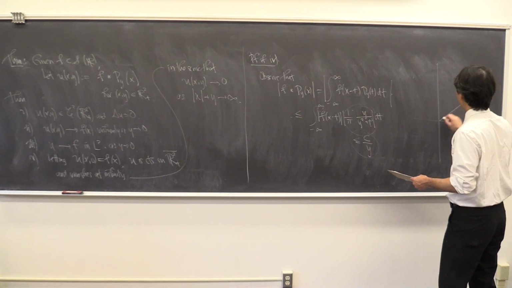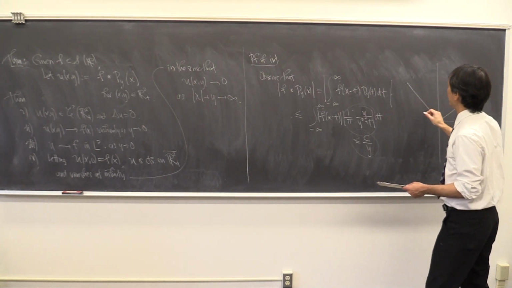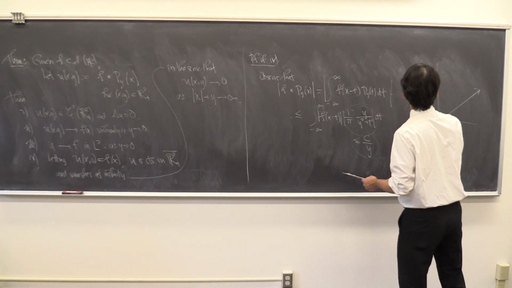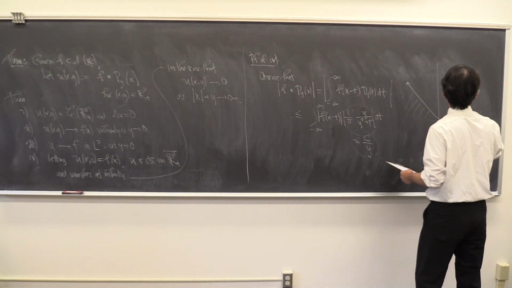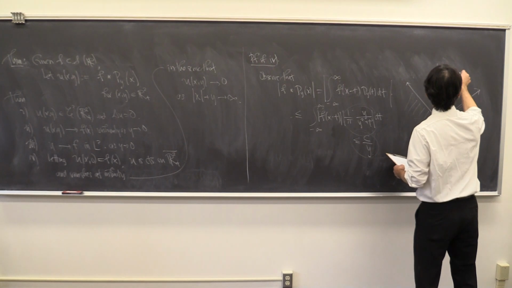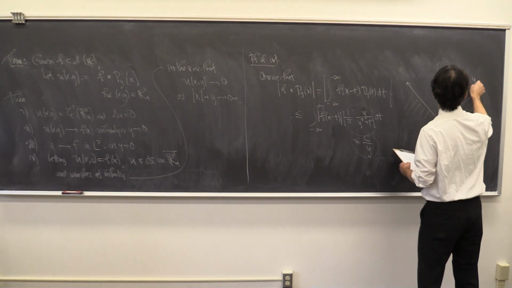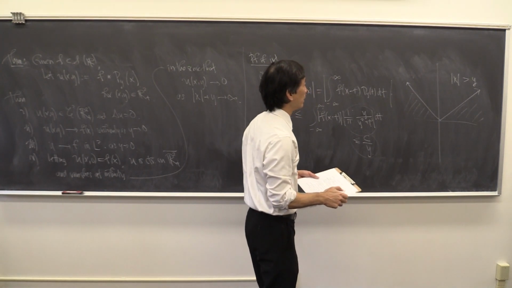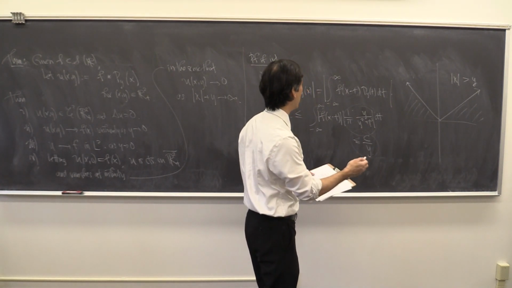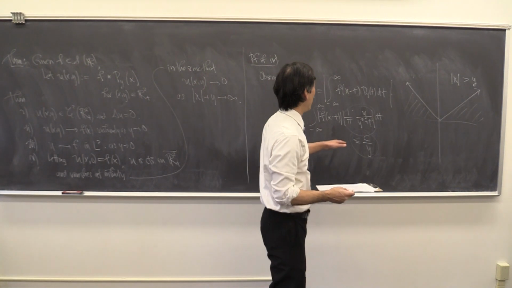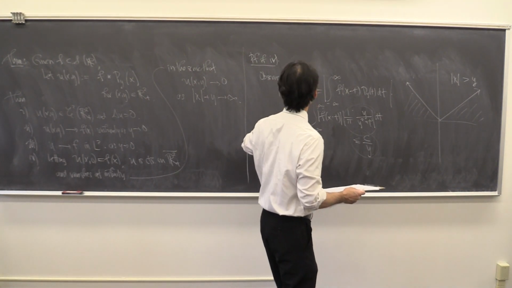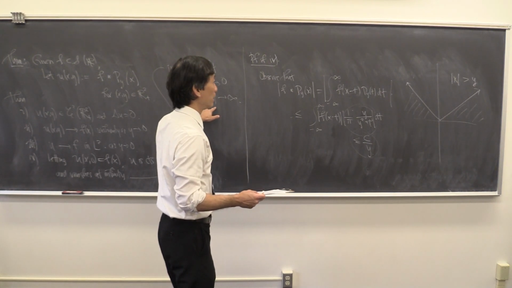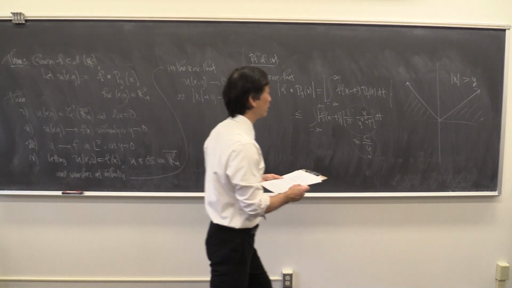So we'll split it into two cases. Suppose first that the absolute value of x is greater than y. Well, in that case, as this term goes to infinity, whoops, wrong way around.